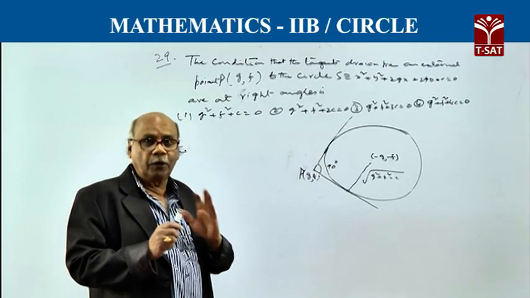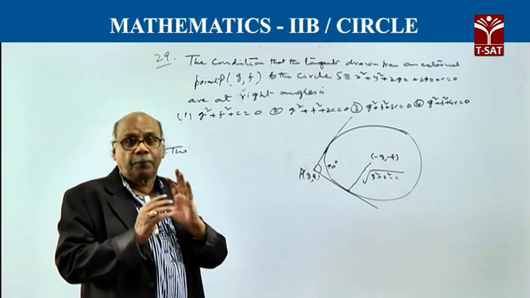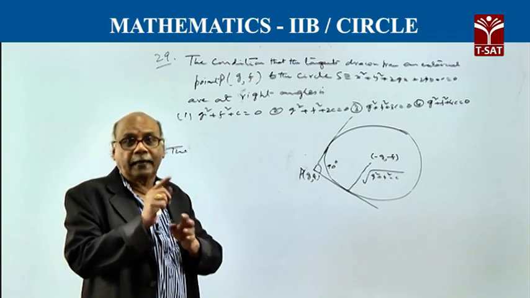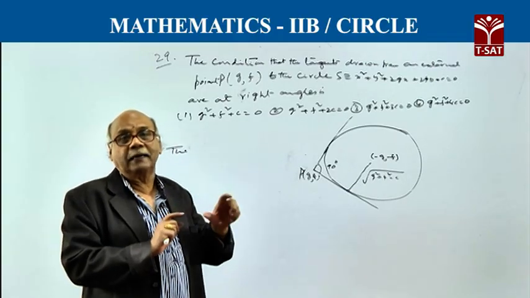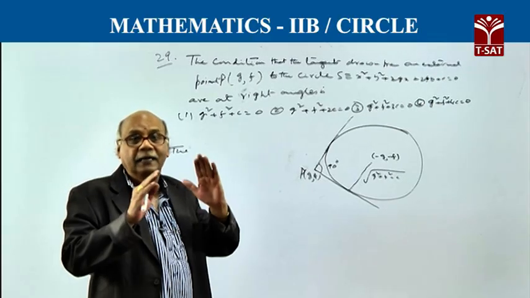So, now everybody knows that from a point, if you draw perpendicular tangents to a circle, that point lies on the director circle of the given circle.